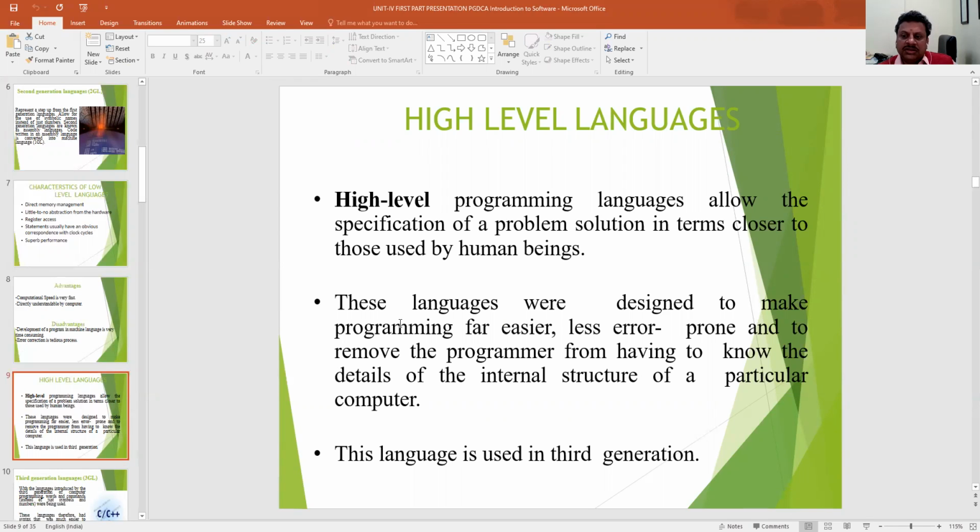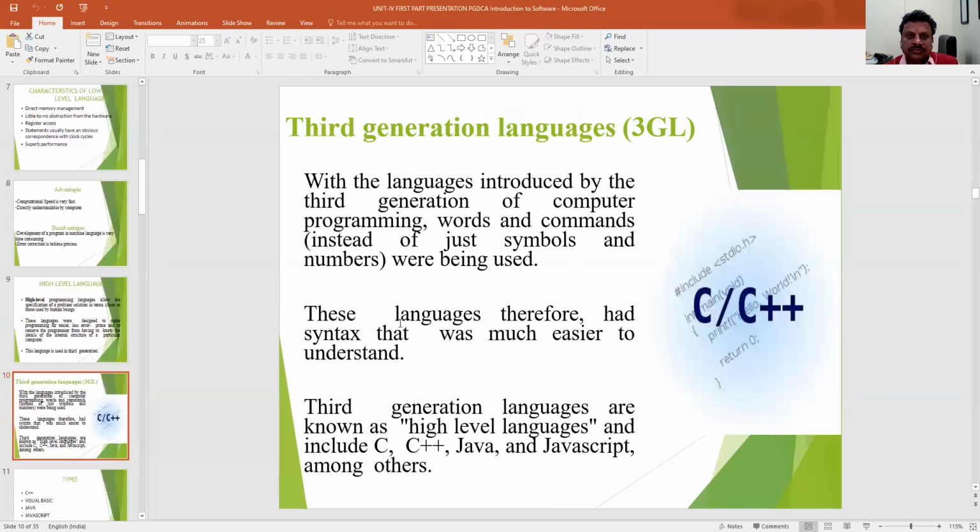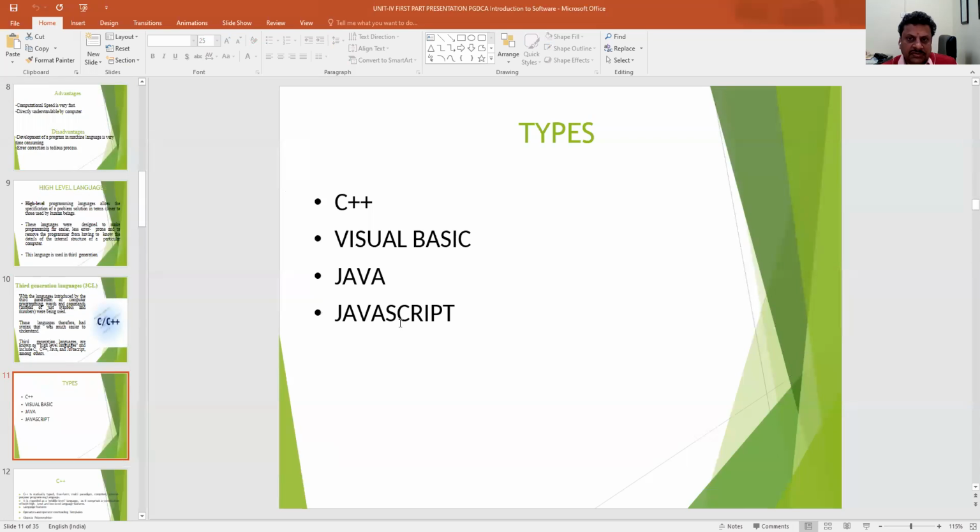This language is used in third generation. Now, third generation languages: with the languages introduced by the third generation of computer programming, words and commands were being used. These languages therefore had syntax that was much easier to understand. Third generation languages are known as high level languages and include C, C++, Java, and JavaScript among others.